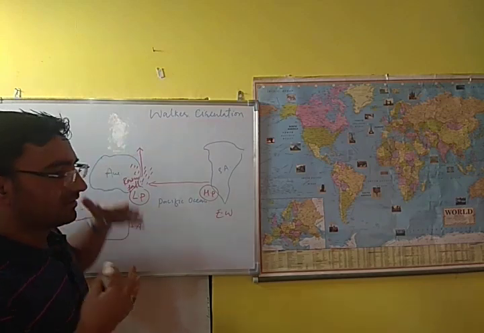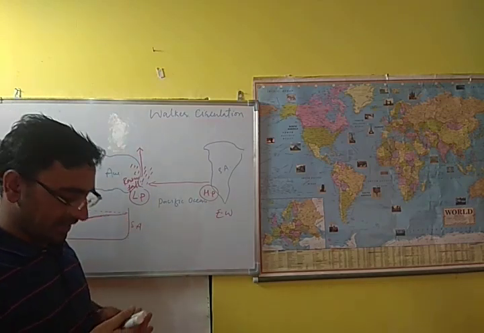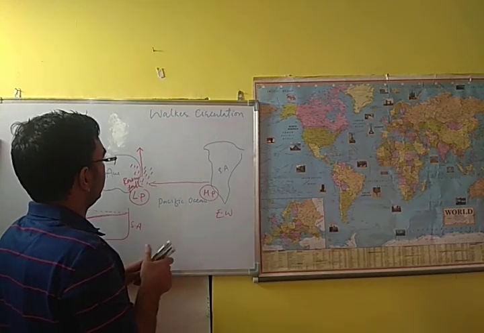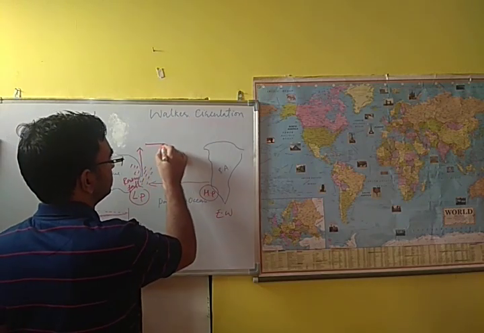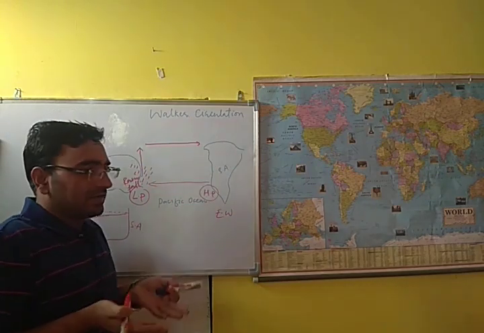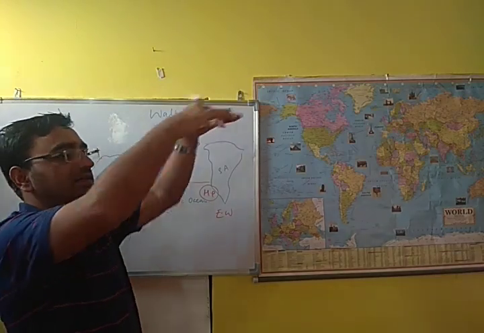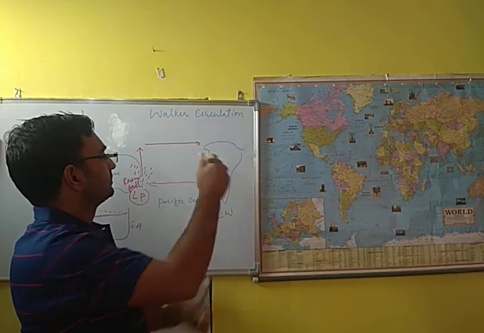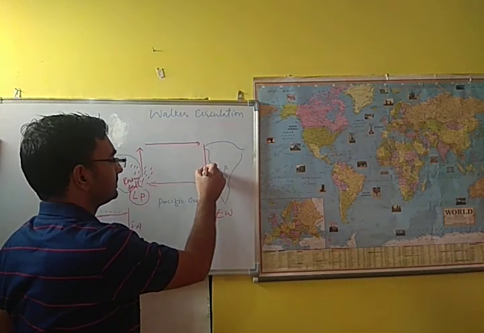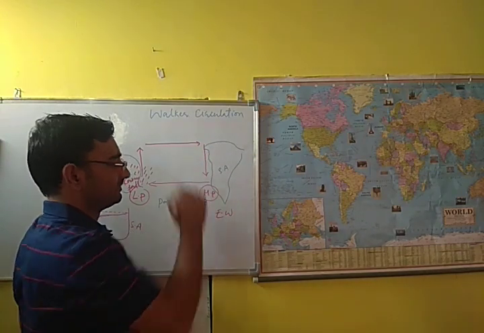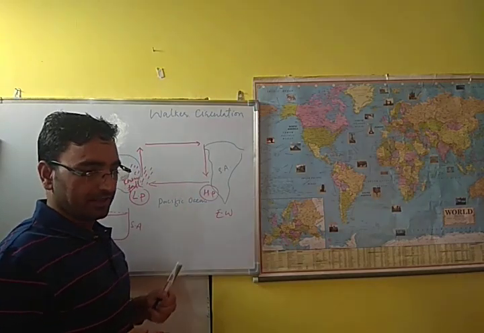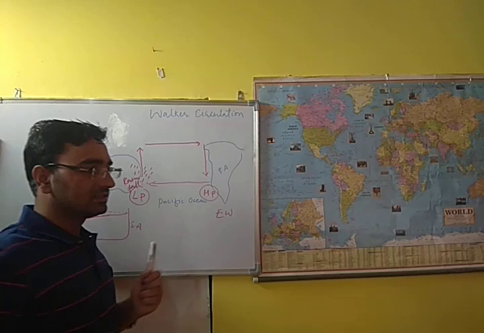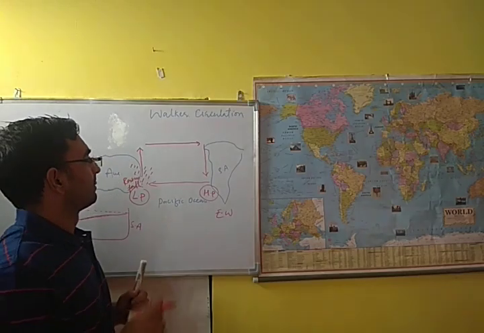And now these winds will rise, become dry, and move towards the east. Finally, as dry winds they will sink. This air then sinks down in the eastern Pacific Ocean, that is near western South America.